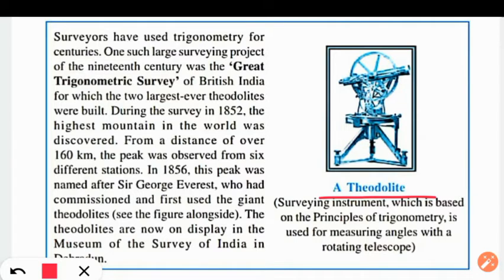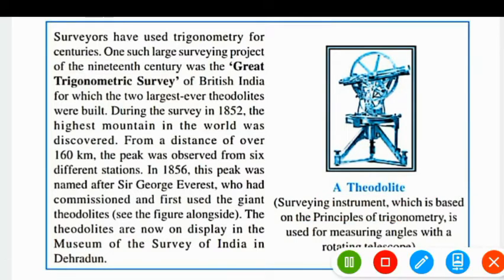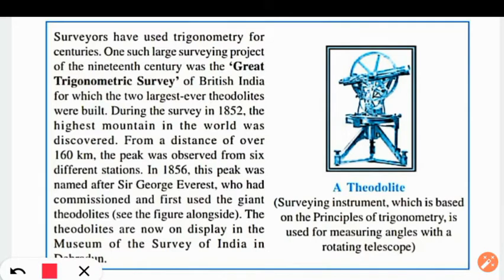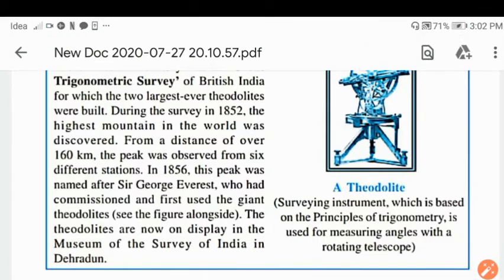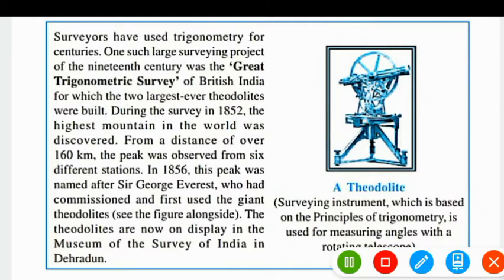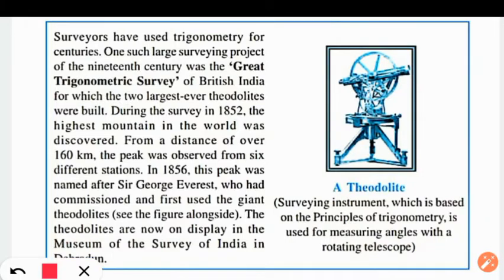It is a surveying instrument which works on the principle of trigonometry. We use this instrument to find angles, and with the help of those angles we are able to find the height and distance of many different things.